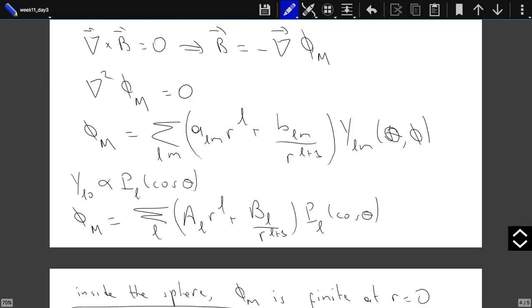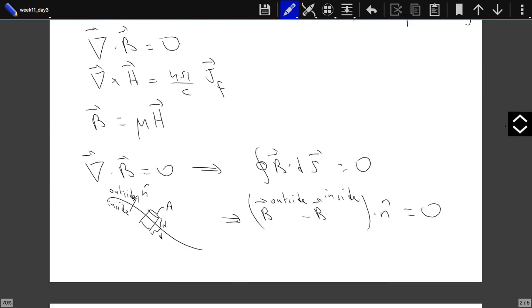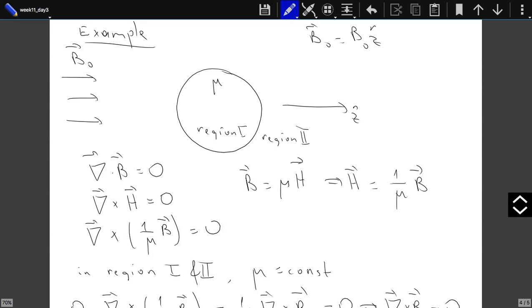So what do we know on the boundary? We had already derived the conditions on the boundary. The perpendicular component of B should be finite, perpendicular to the surface. Well, the perpendicular direction to our surface here is the radial direction. If this is n hat, this is nothing but r hat.